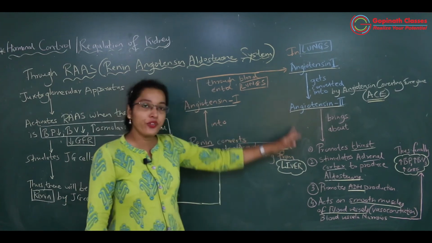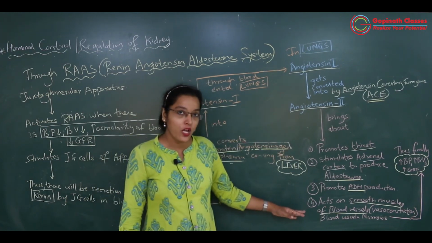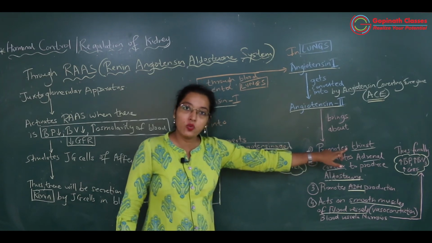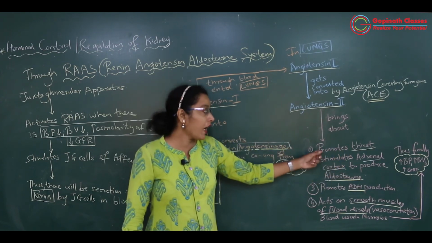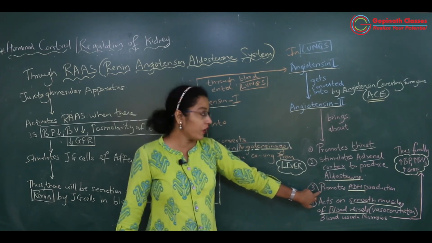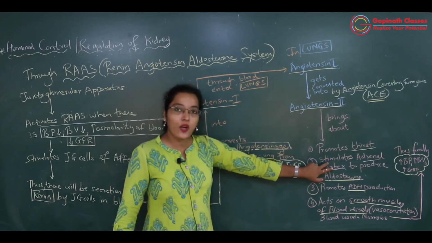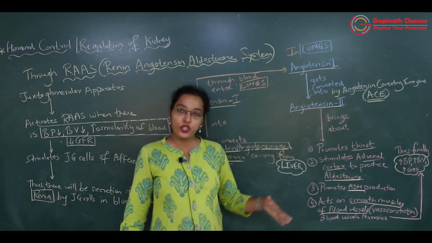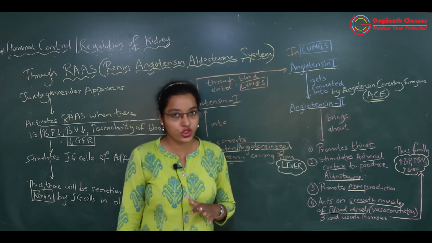So what are the different roles of angiotensin 2? Angiotensin 2 promotes thirst by acting over the hypothalamus. Hypothalamus will thus produce ADH. Then it will also act over the adrenal cortex of the adrenal gland, and adrenal gland will produce more of aldosterone.